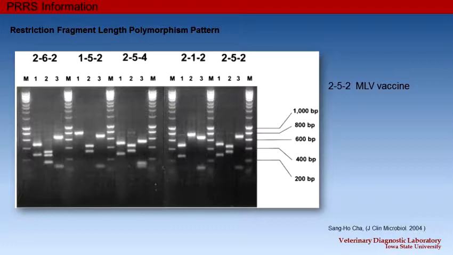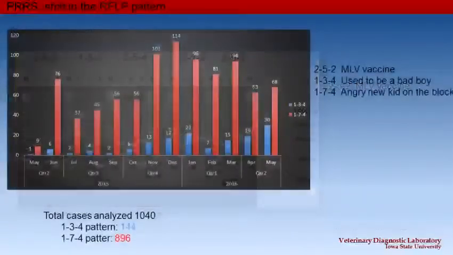So what we see here are the pieces, of different sizes and different weights, of the virus. Different viruses get cut in different sections, and we start naming them by these fragments. So different restriction patterns. For example, the one that we use to differentiate the modified live vaccine is this typical pattern, 2-5-2. This is the one that we see with vaccinated pigs.